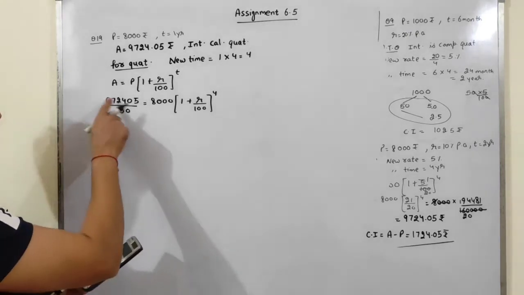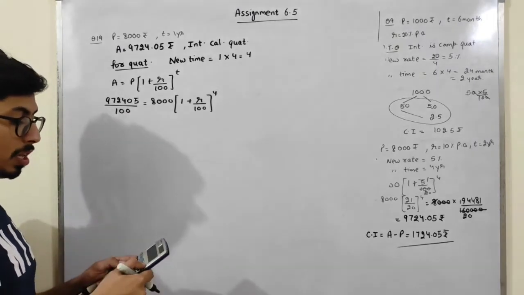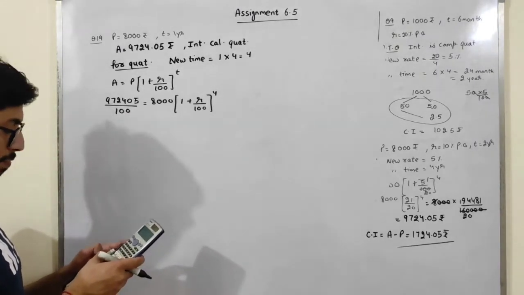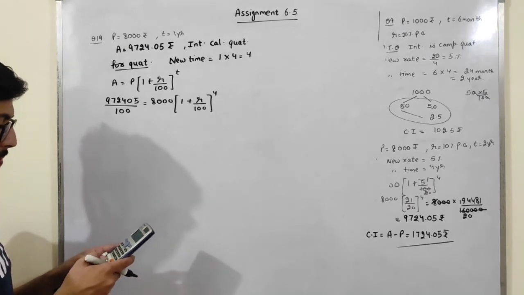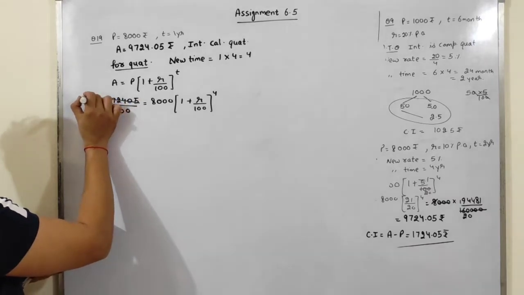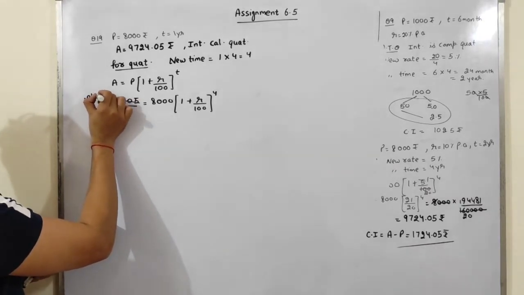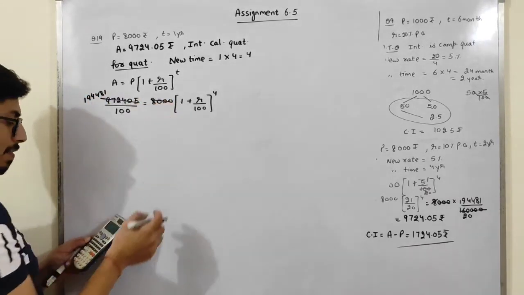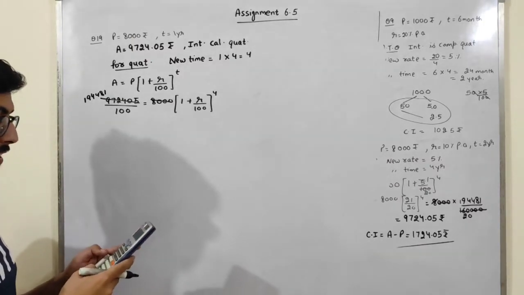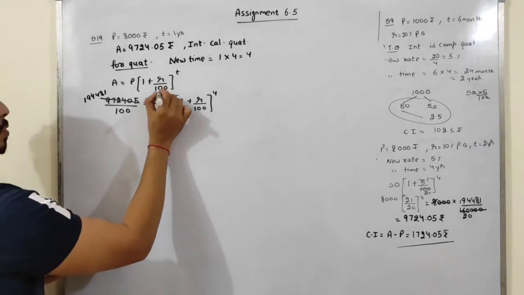Okay, so they are not getting cancelled out by 25 also. So just cancel them out by 5. 972405 divided by 5, students. So if I cancel them out by 5, it is 194481, and if I divide this 8,000 by 5, it is 1600.